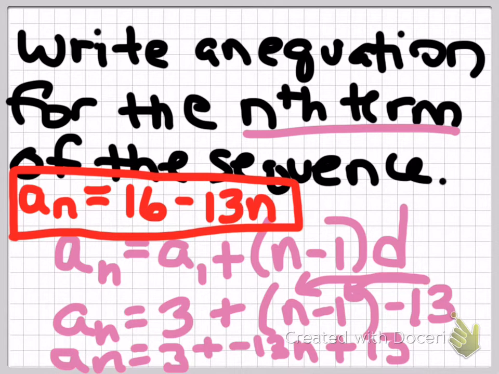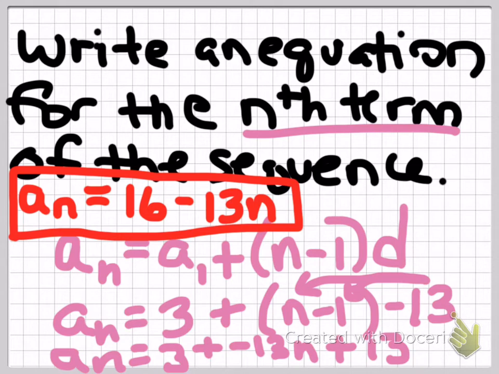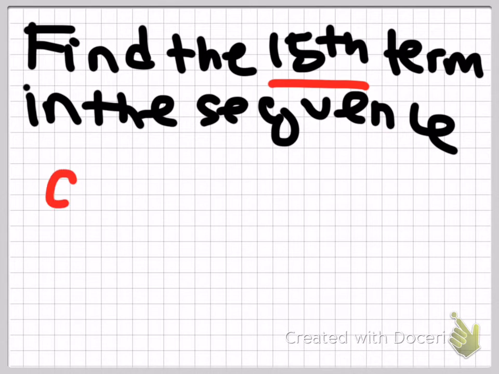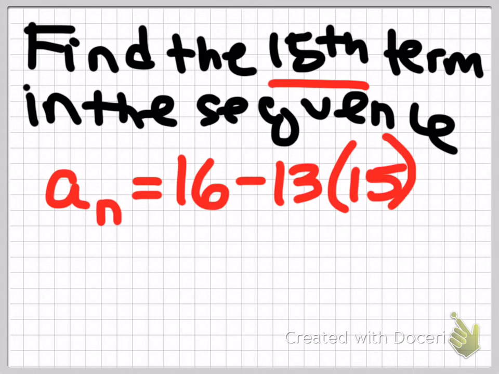Then I need to use that equation to figure out the 15th term. So we left n blank because that's the nth term. So we're going to plug in 15 for n now. So we have 13 times 15, which is 195.